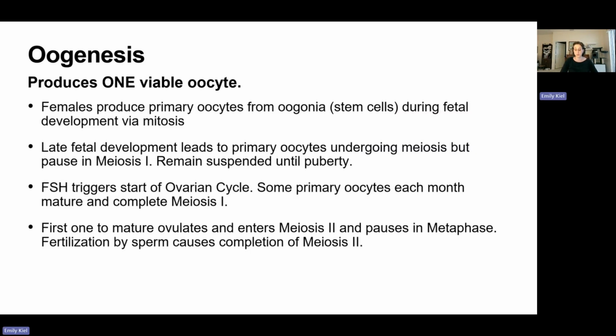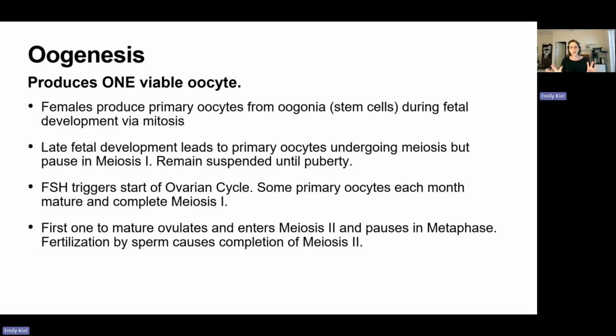In oocytes, and in gametes for the female, not the sperm, the divisions are all unequal. So oogenesis is going to only make one viable oocyte, versus in sperm, where each stem cell can make 4 viable sperm. Why is that? Well, in the case of egg formation or ova formation, each division is unequal.